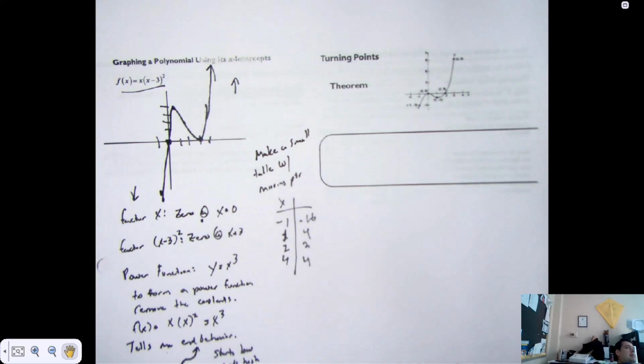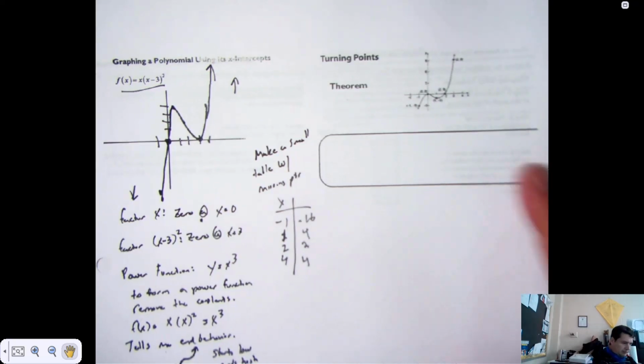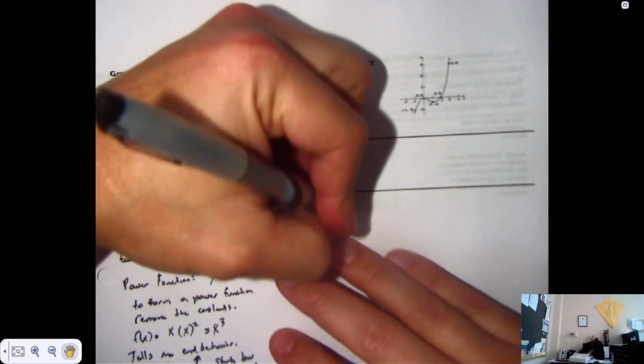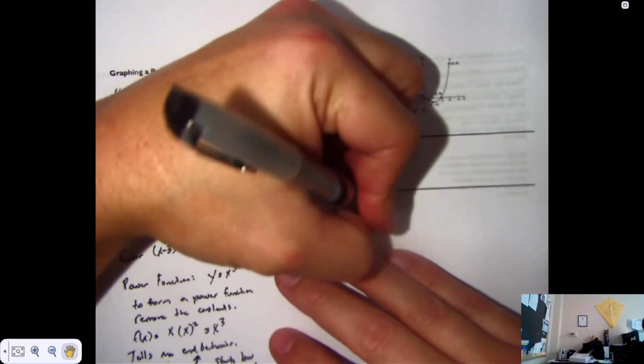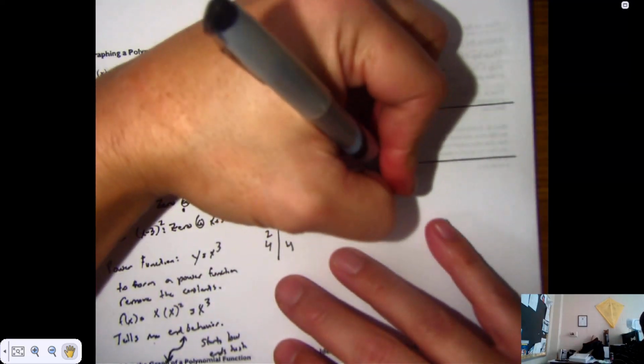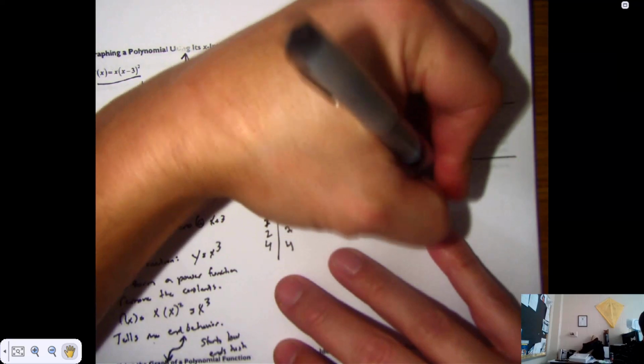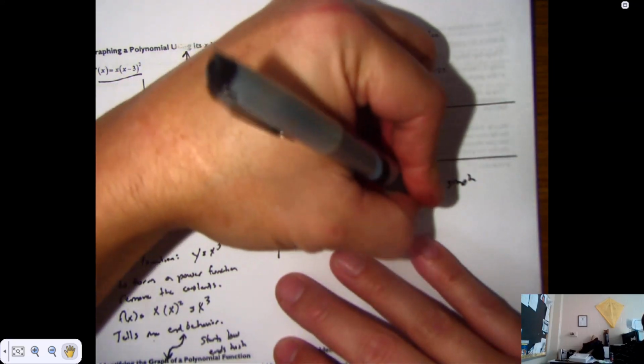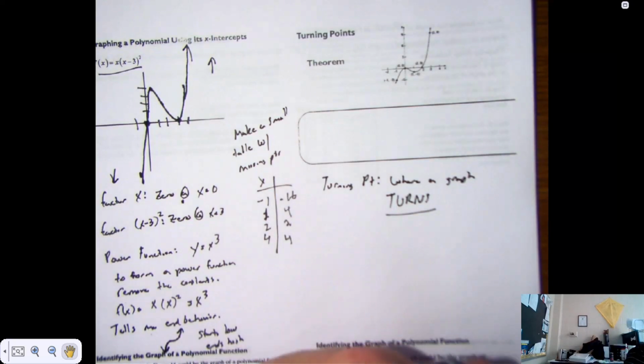Next up in your notes is a theorem called turning points. I guess we need to define a turning point. I'm going to make it as simple as possible. It is where a graph turns. Hence the name turning point.